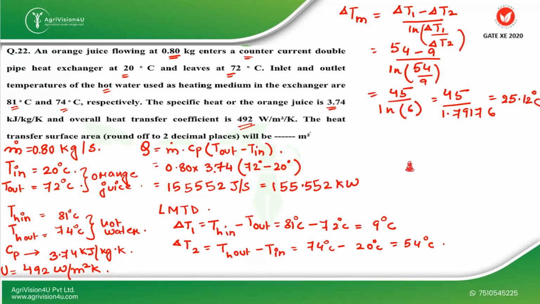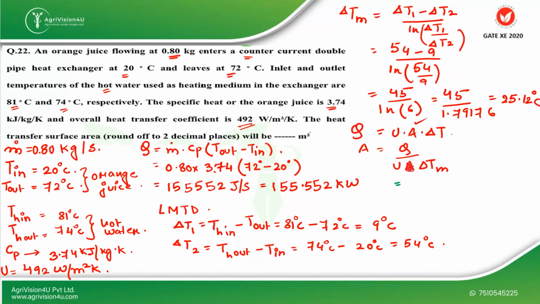Now we have to calculate A over here. Using the heat transfer equation, Q is U A delta T, so here we'll get A. So A equals Q by (U times delta Tm).